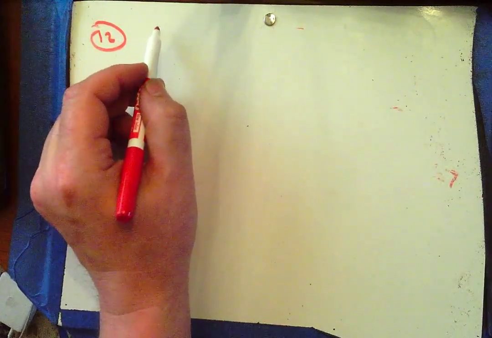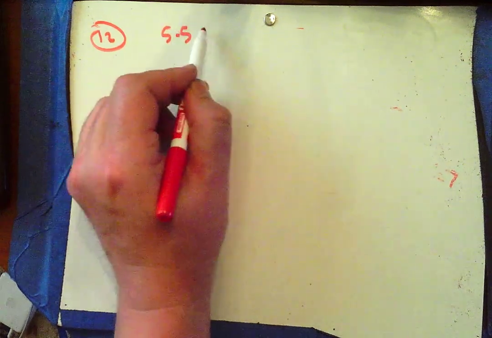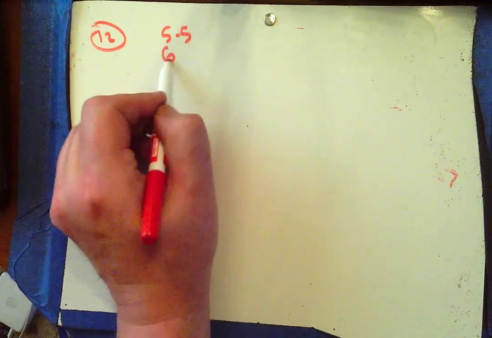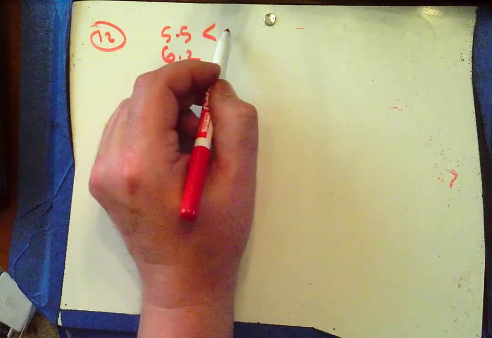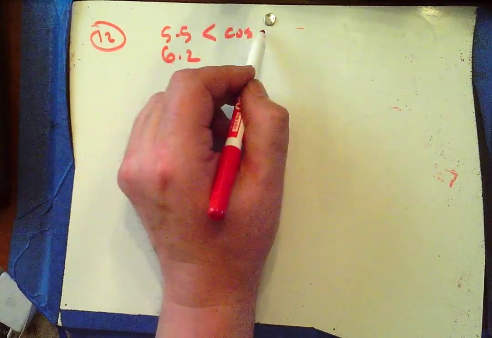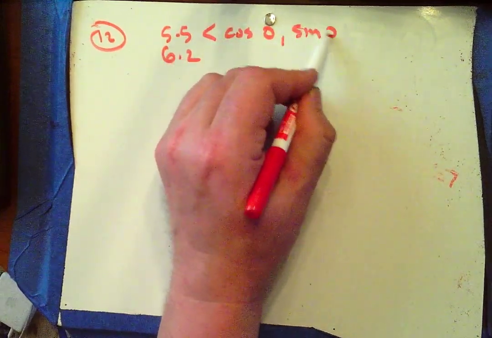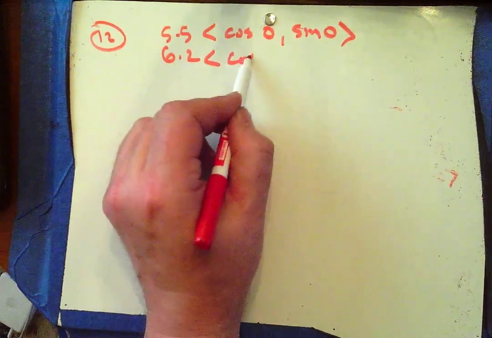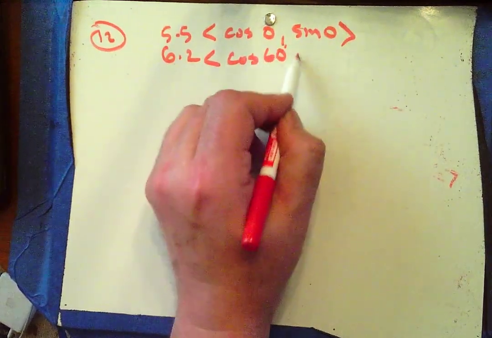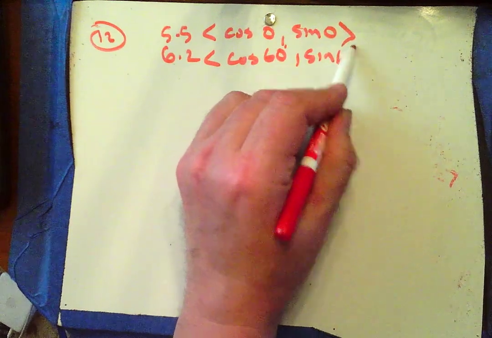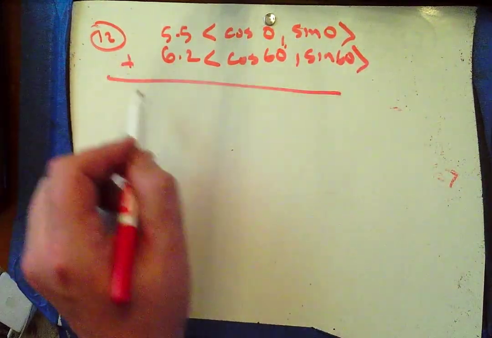12. We're told that A is 5.5 and B is 6.2, and we've got cosine 0, sine 0, cosine, the angle between them is 60, sine 60, and we want to add these together.